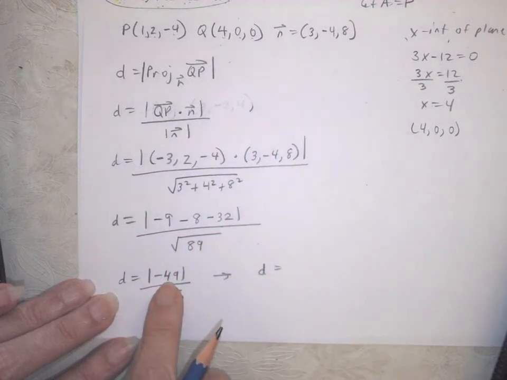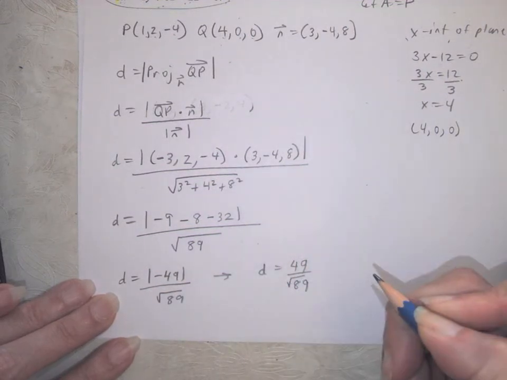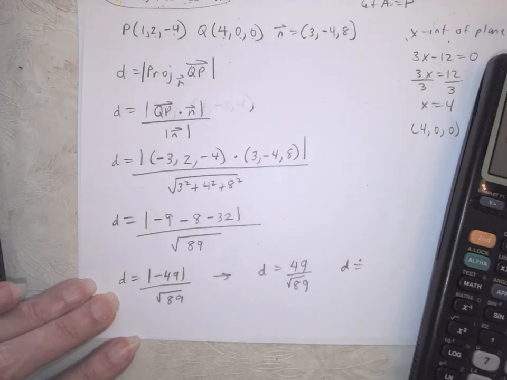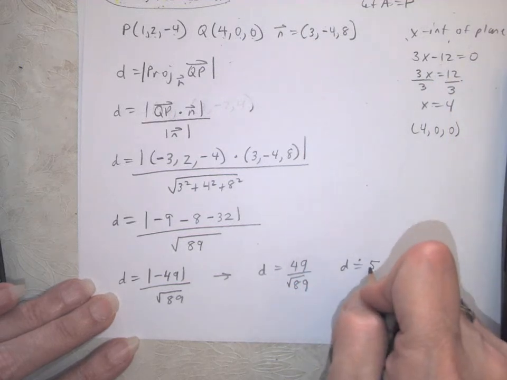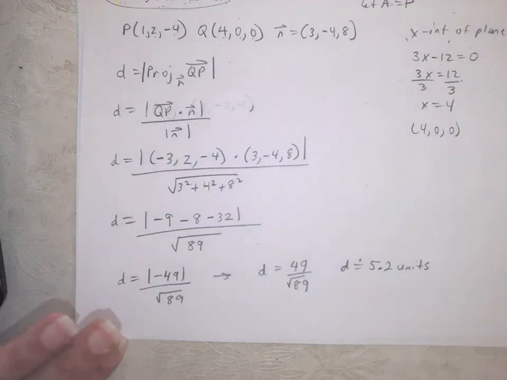This means the absolute value of negative 49, which is positive 49, over the square root of 89. That's exact, but we usually like to figure it out approximately. So 49 divided by the square root of 89 is approximately 5.2 grid units, the shortest distance from the point to the plane.